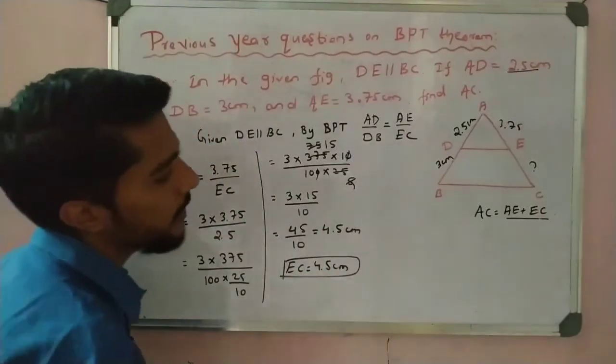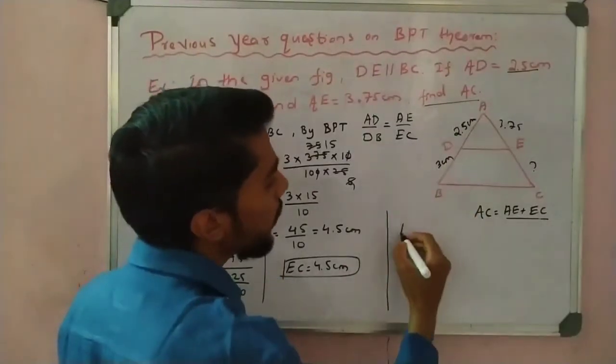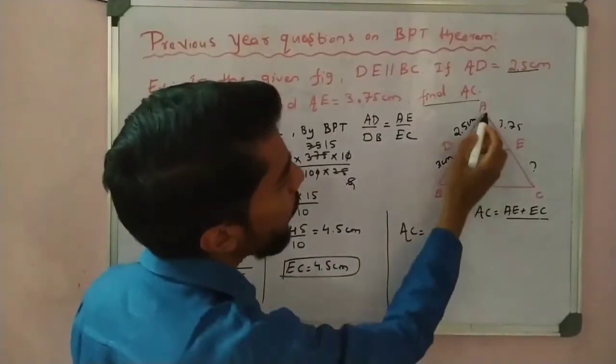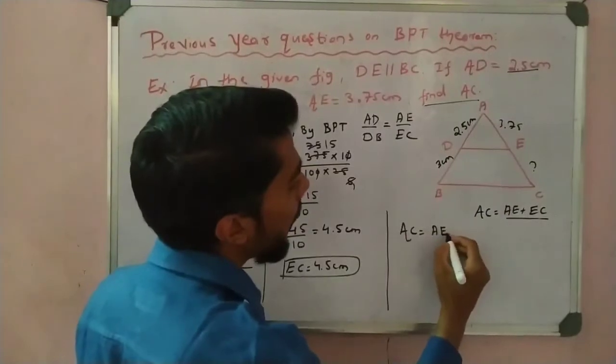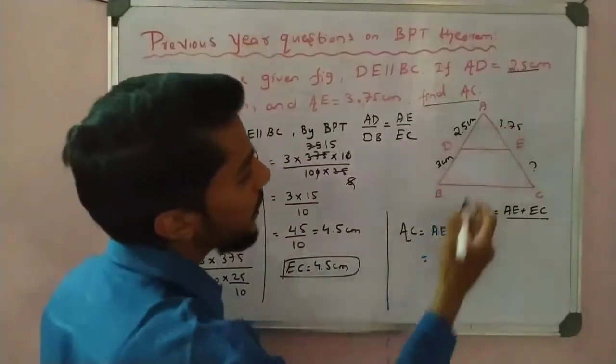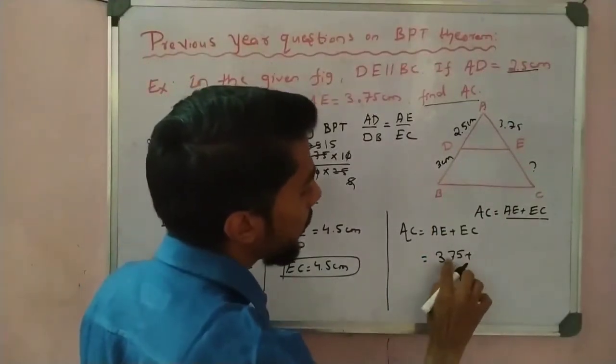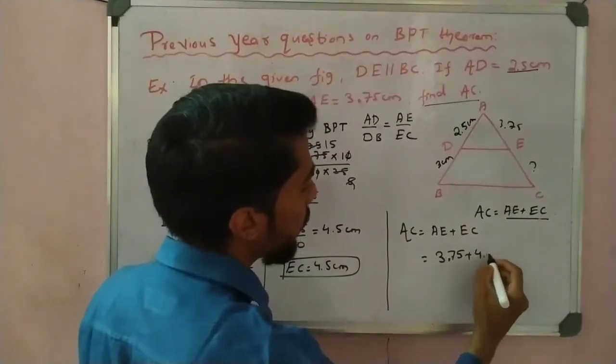Now we require the AC length. AC is nothing but the sum of AE and EC. AE is already given in the question, that is 3.75, plus 4.5.